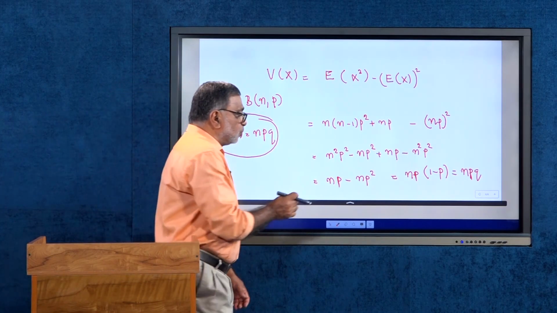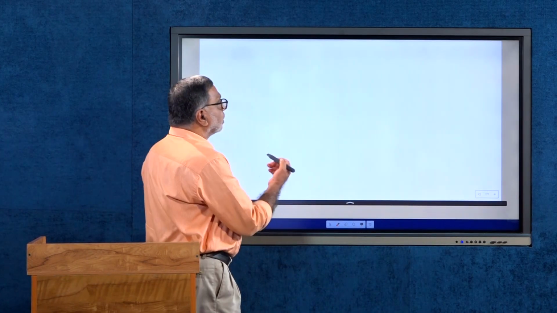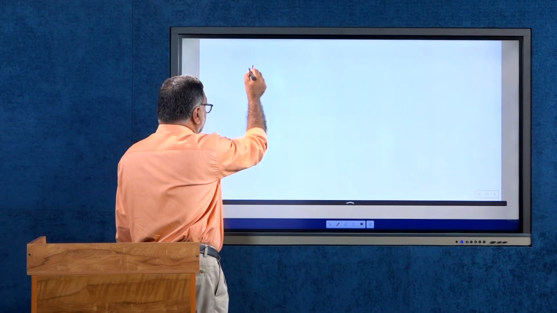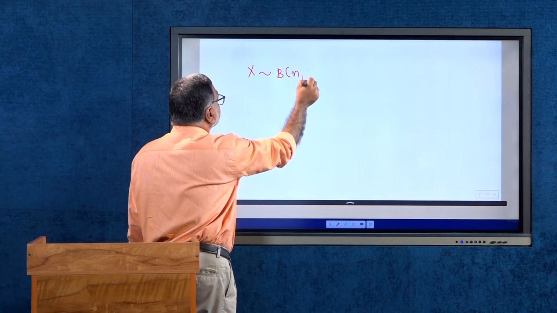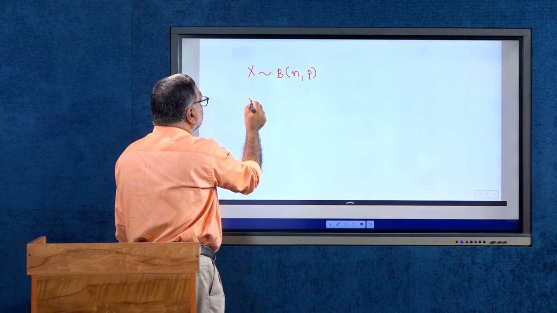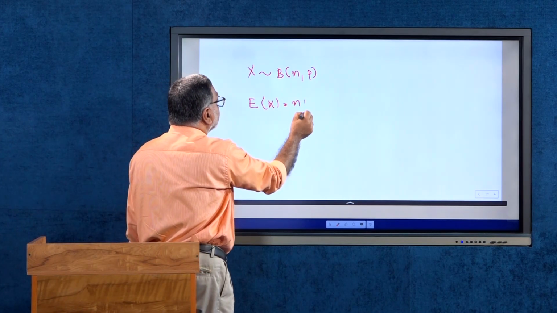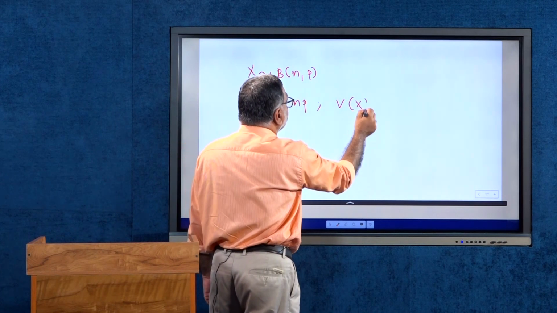So, these are the two important quantities we derived corresponding to the binomial distribution, that is, if x is a binomial random variable, expectation of x is equal to np and variance of x is equal to npq.